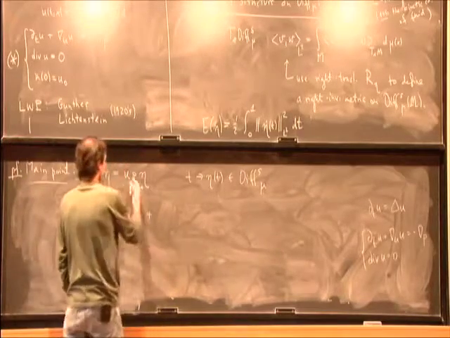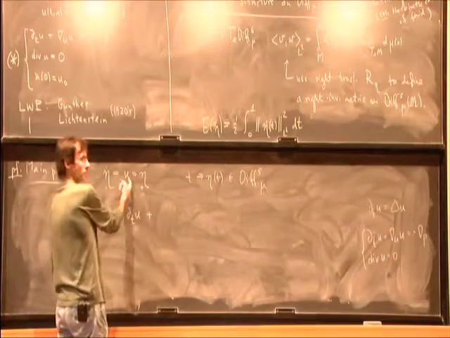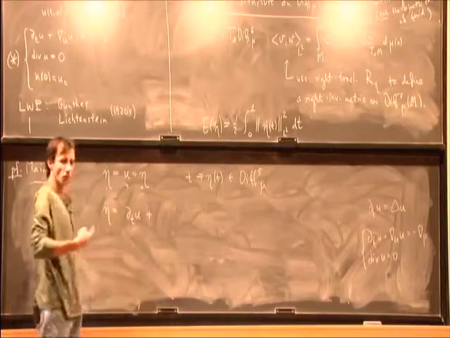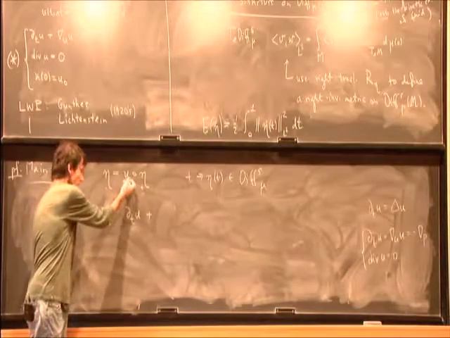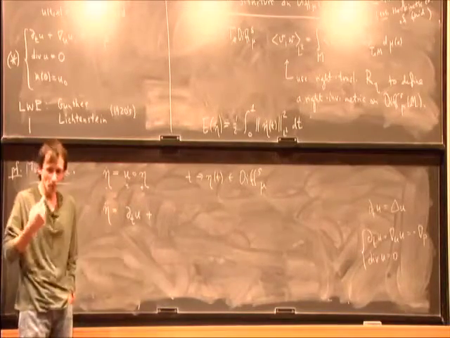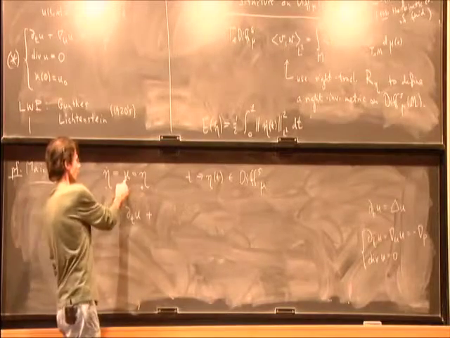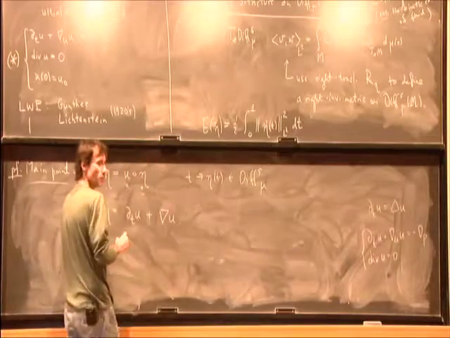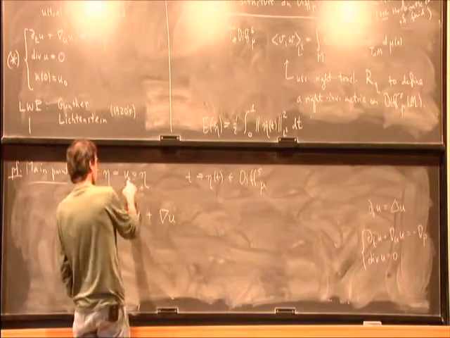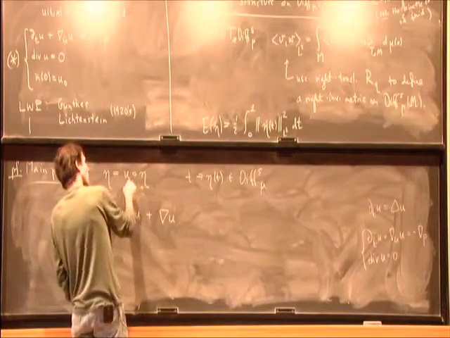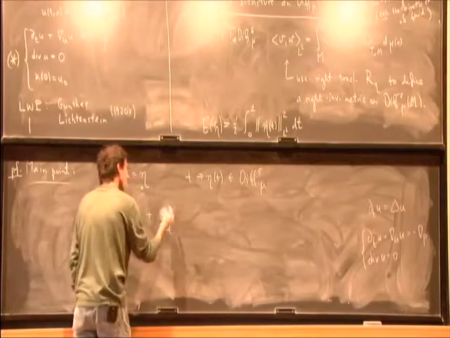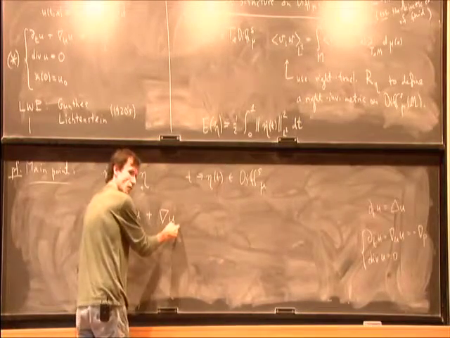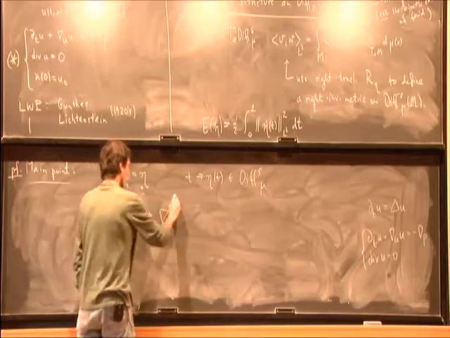Plus, now I have to differentiate u, compose it with eta, and then take the derivative of eta, and apply this derivative of u to eta dot. But eta dot is u composed with eta again. So what I get here is the derivative of u applied to u, composed with eta. It's on the manifold, so it's the covariant derivative of the vector field u in the direction of u, and everything is composed with eta.